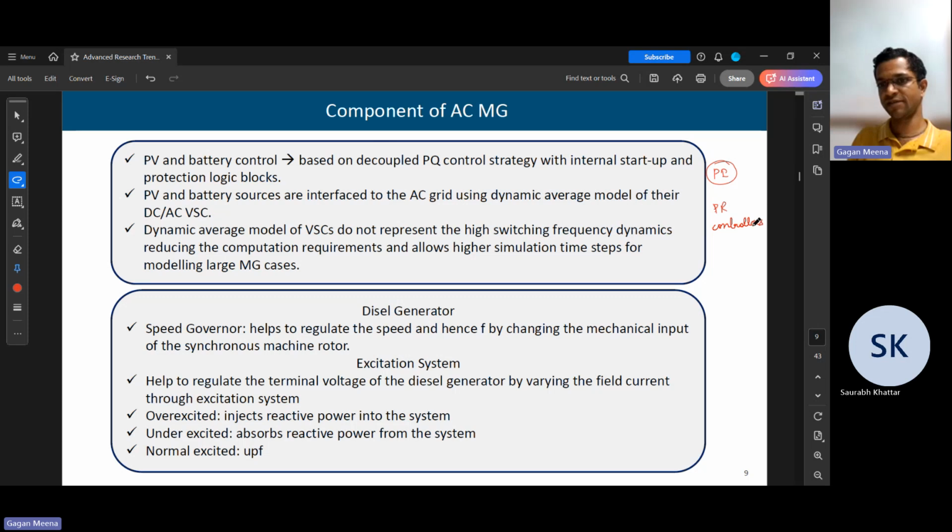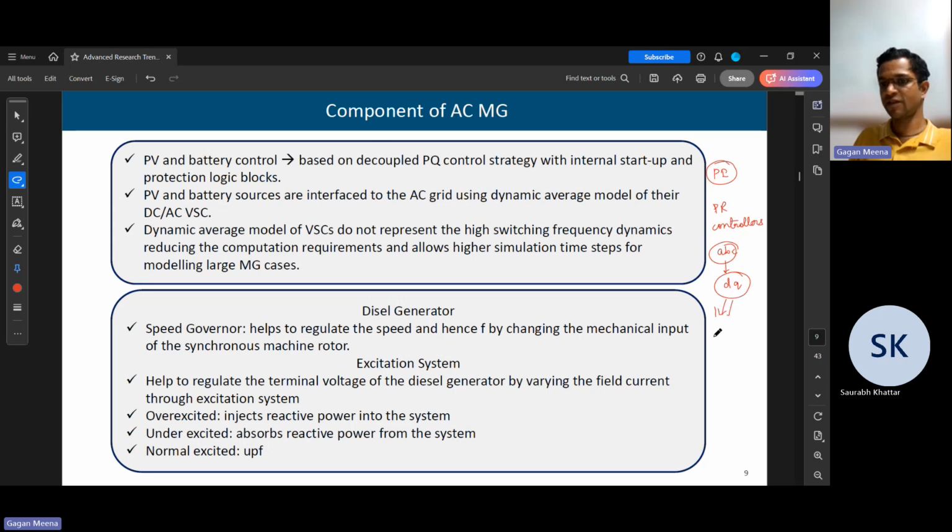To make life simple and use our already known, widely used PI controllers, we change the frame of reference from ABC to DQ. This is a transformation from one frame of reference to another.